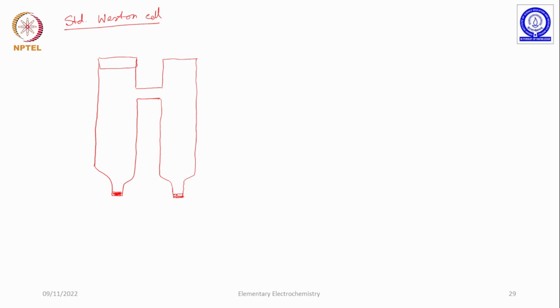See, the bottom is sealed. So, at the bottom on either side you have platinum electrodes. On the left hand side, at the bottom you have Hg, that is mercury liquid.